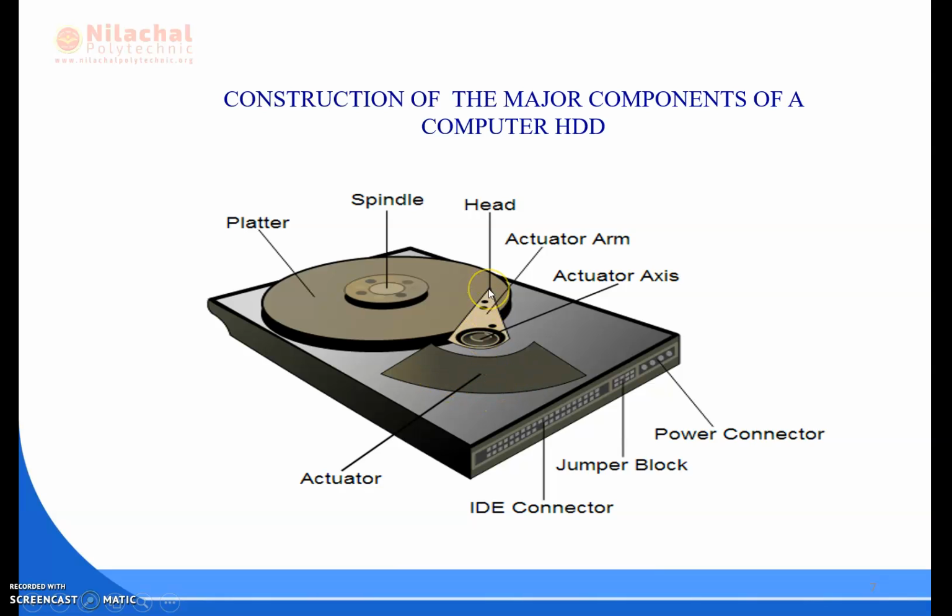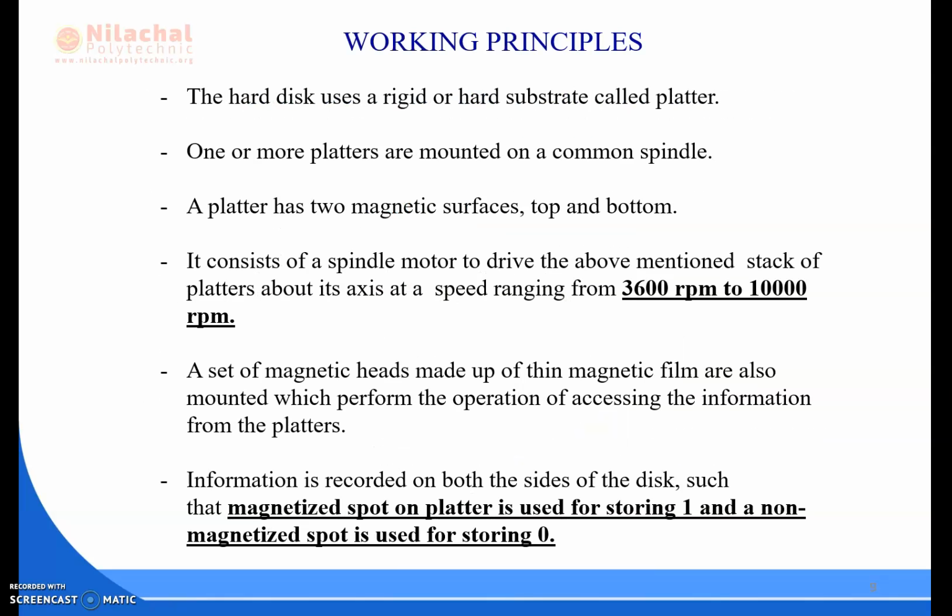We have a read-write magnetic head which helps us to write and read digital data over the platter. We have a power connector, jumper block and IDE connector. So let's see how all this collaborates and what is the working principle of the hard disk.